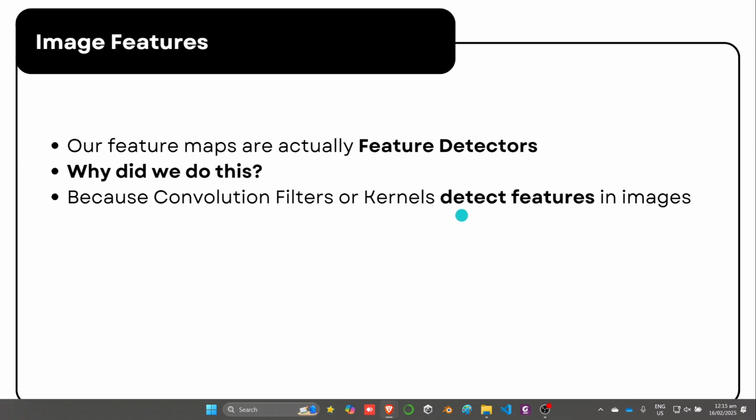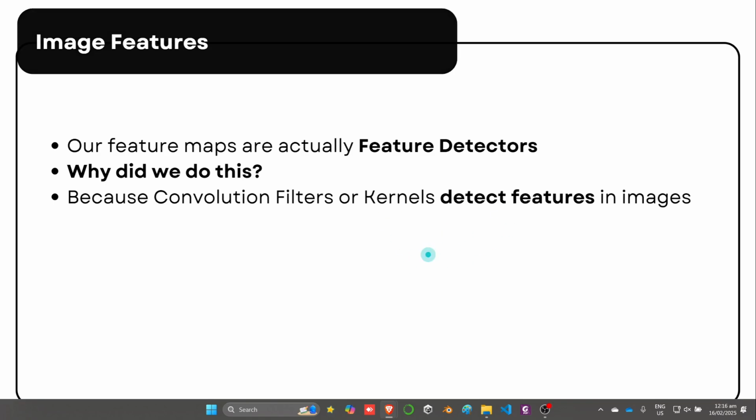So why did we just do this convolution? Because convolution filters or kernels actually act as feature detectors, to detect special features in images.